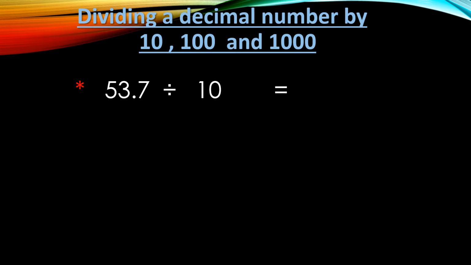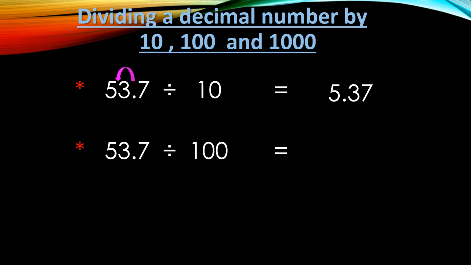Yes, in 10 there is only one zero. So you have to shift the decimal point left. How many places? One place to the left. Here, the new place is between 5 and 3. The answer is 5.37.